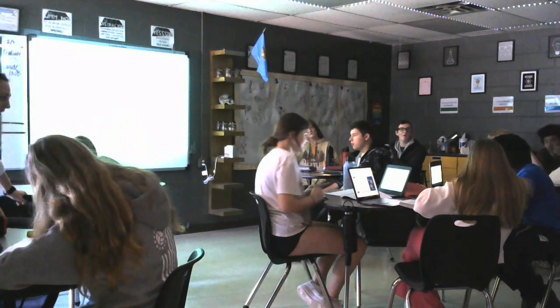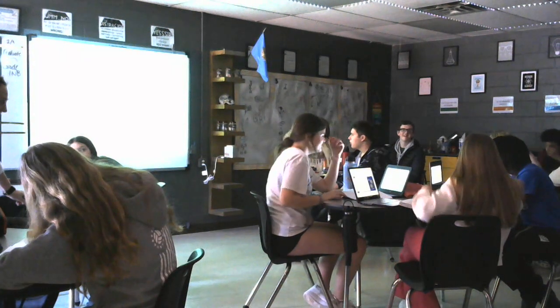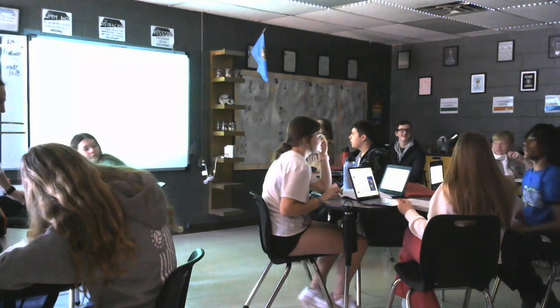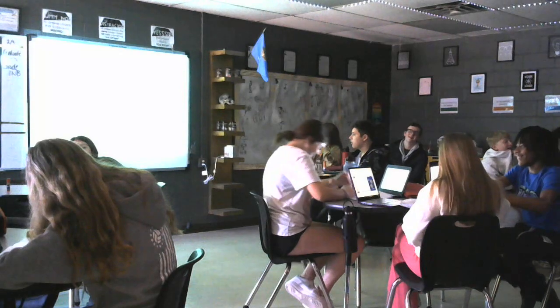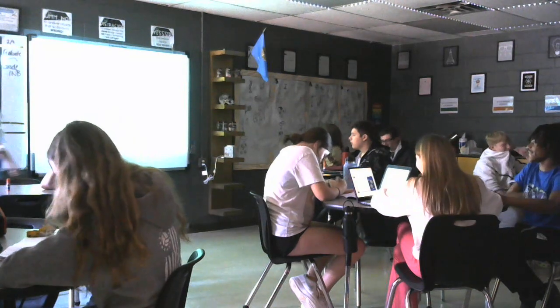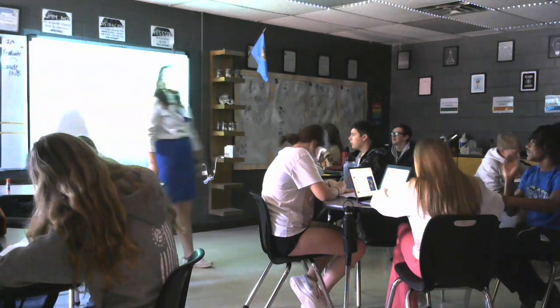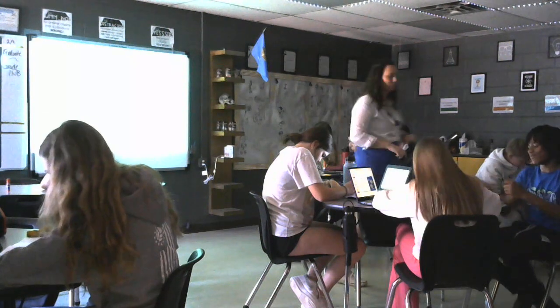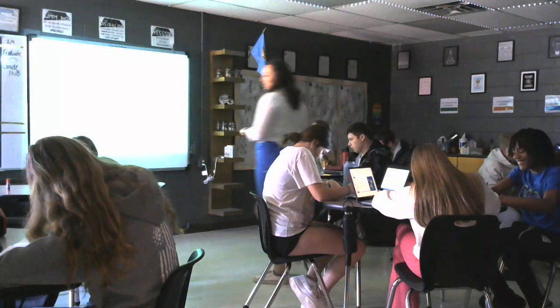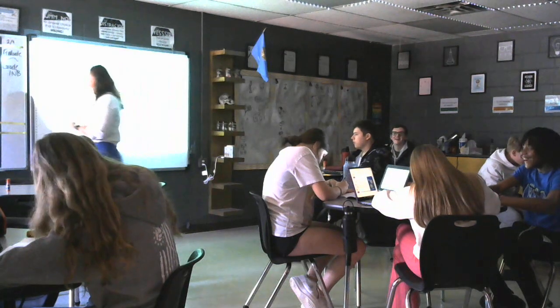It's on the board too. Use your context clues. Mitosis ends in diploid cells, which means meiosis ends in haploid. Oh, I got mixed up. Okay. Here you go, DJ.